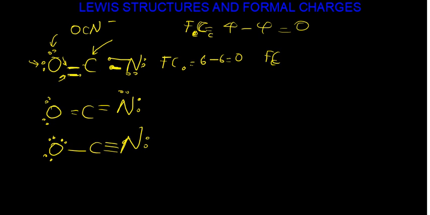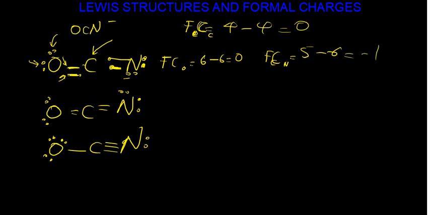Nitrogen has got 5 electrons in the outermost shell, minus, in this compound it has got 1 there, 2 there, 3, 4 there, 5 in this bond, 6 in that bond. So that is giving us -1.